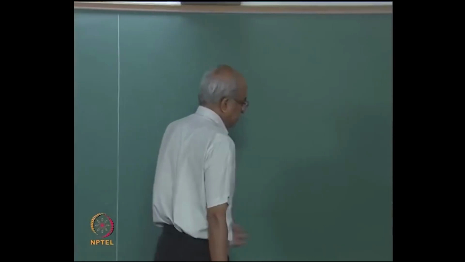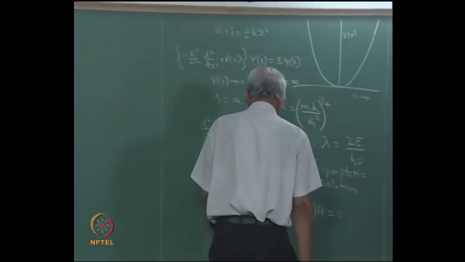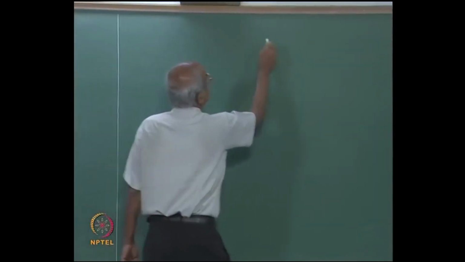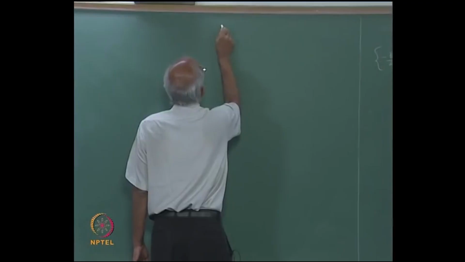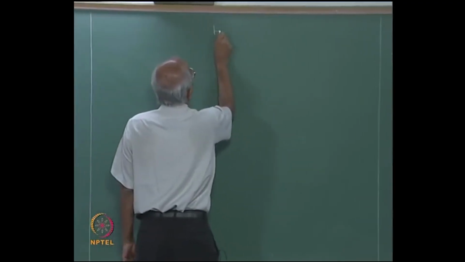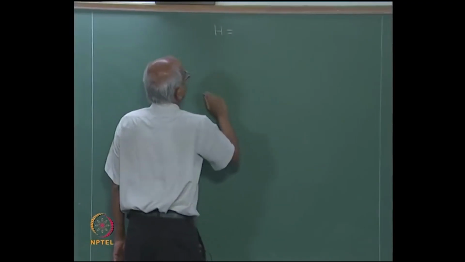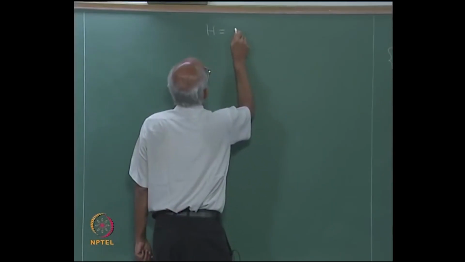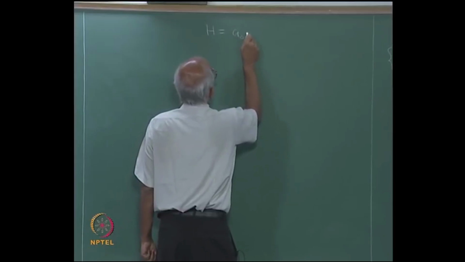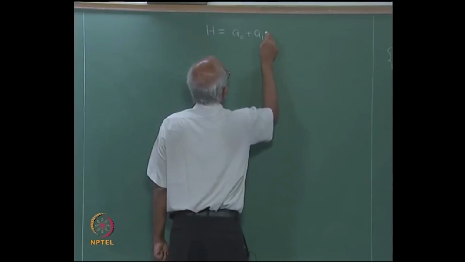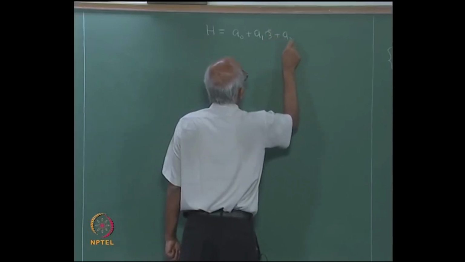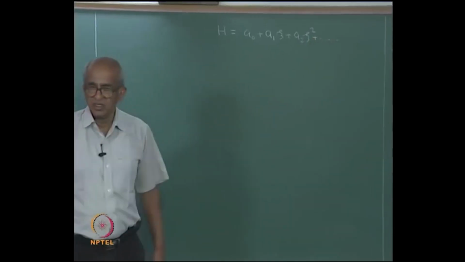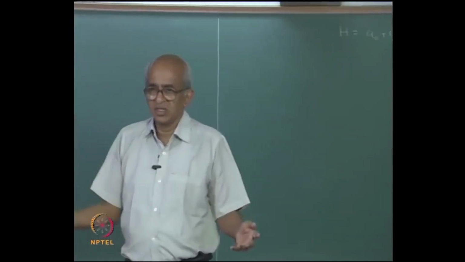The answer is that the way this equation can be solved is to just assume that h may be written. Let me write it like this. I am going to assume that h may be written as some a0 plus a1 c plus a2 c square plus etcetera up to infinity, where a0, a1, a2, a3 these are constants.